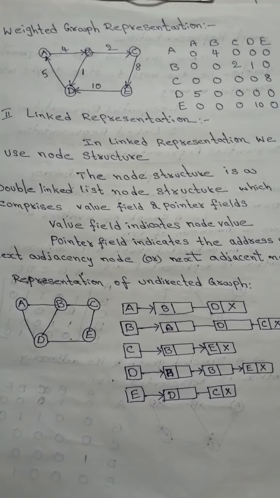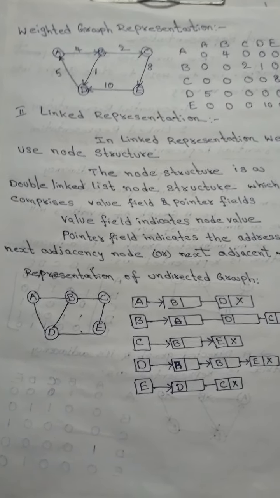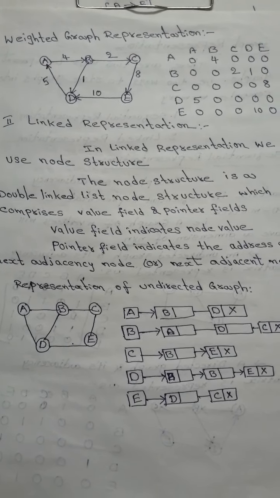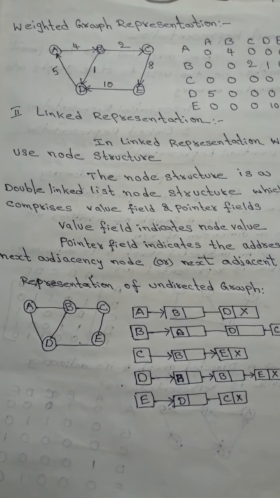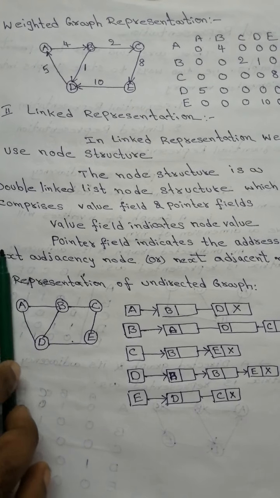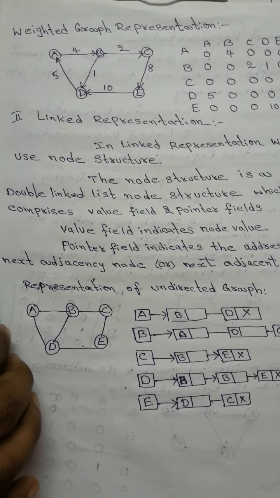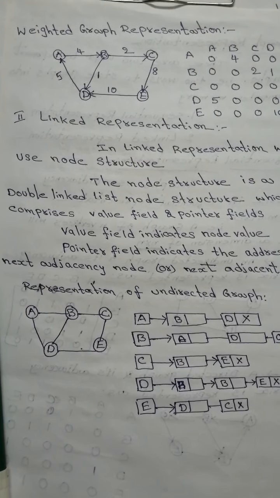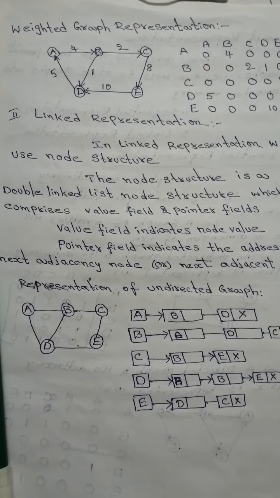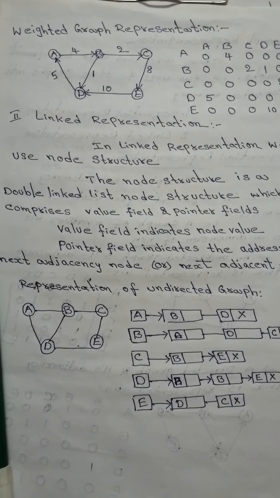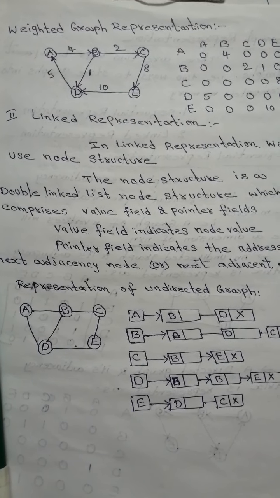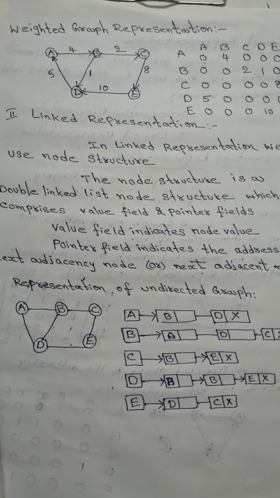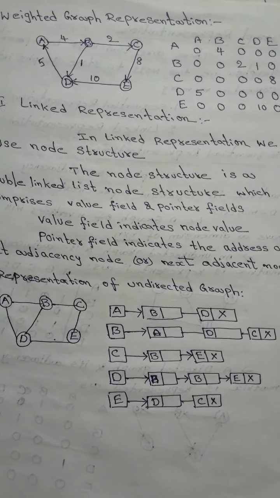You know the node structure in a single linked list; we already discussed it in the second unit. A node comprises two fields, a data field and a link field. In a double linked list, a node comprises three fields: left link, data field, right link. Like this we have two types of node structures.